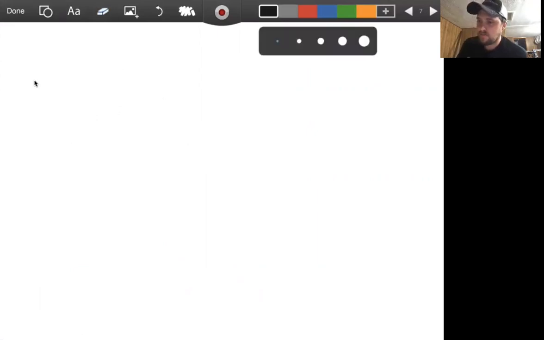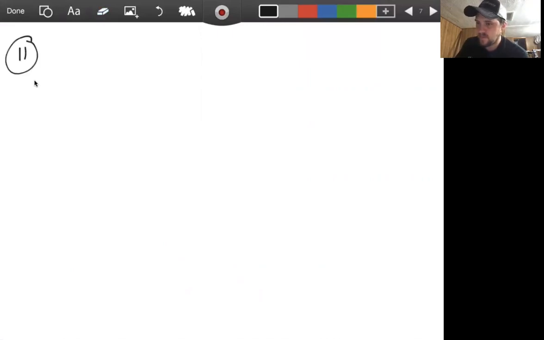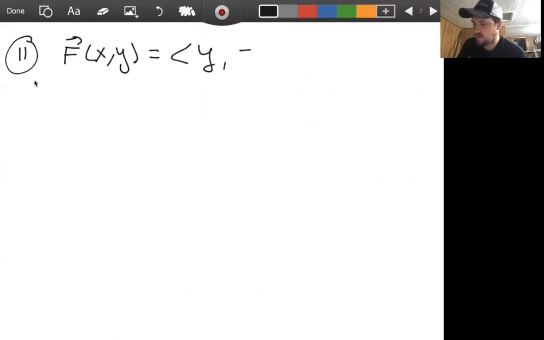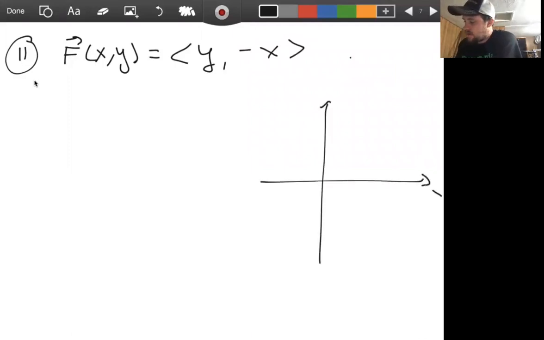Let's look at another example. Let's look at the vector field f of x, y equals y comma negative x. Let's see what this vector field looks like. So again, we'll get our coordinate axes for our sketch here. And let's pick some more points.